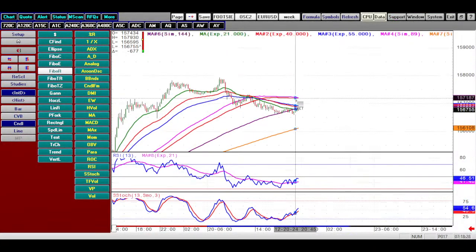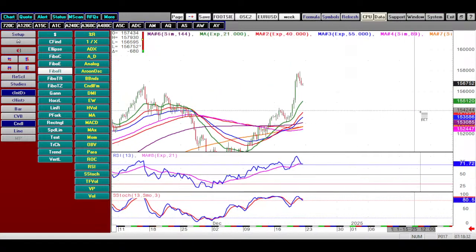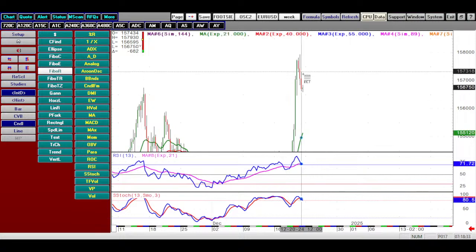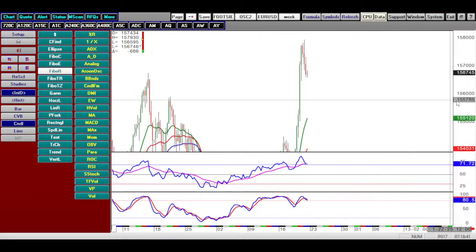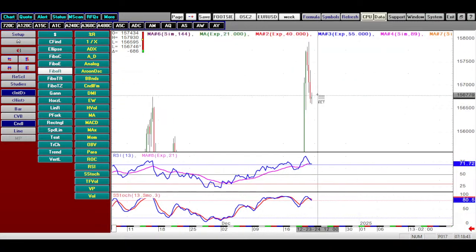So if you look into the signal and the trigger level, the signal level is, we should not see the price going above 157.30. Then let me see.